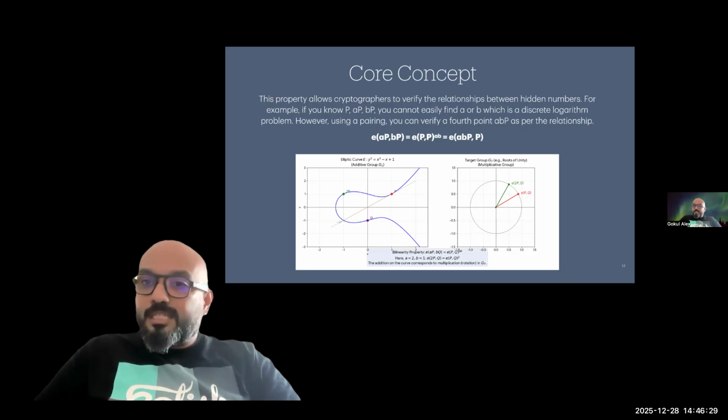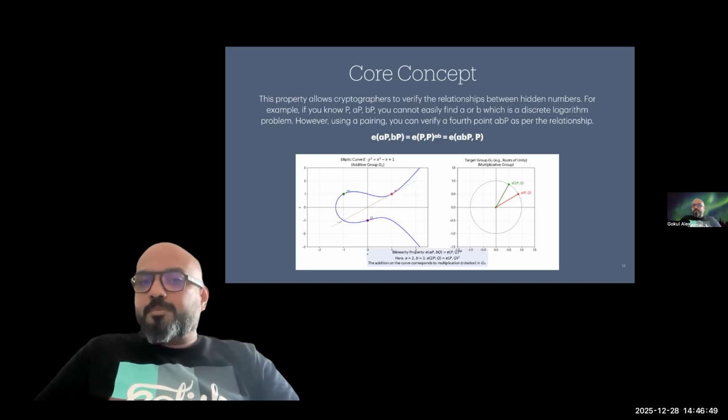But using this pairing property in the elliptic curve, we can verify the fourth point, AB P, where AB is the scalar multiplier to the point P, as per the expression shown below.